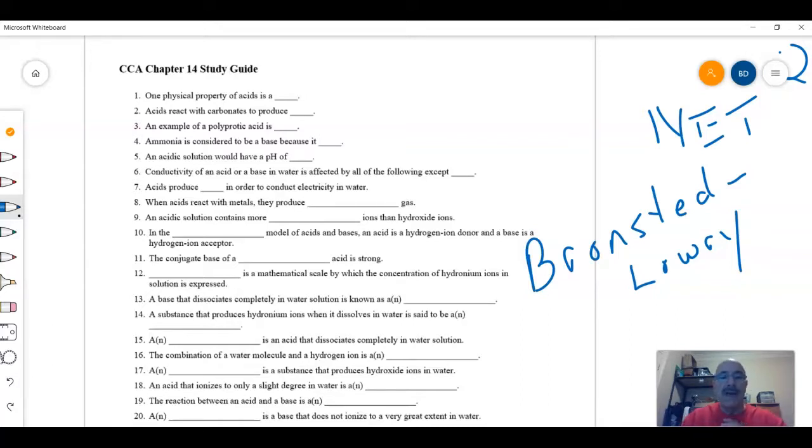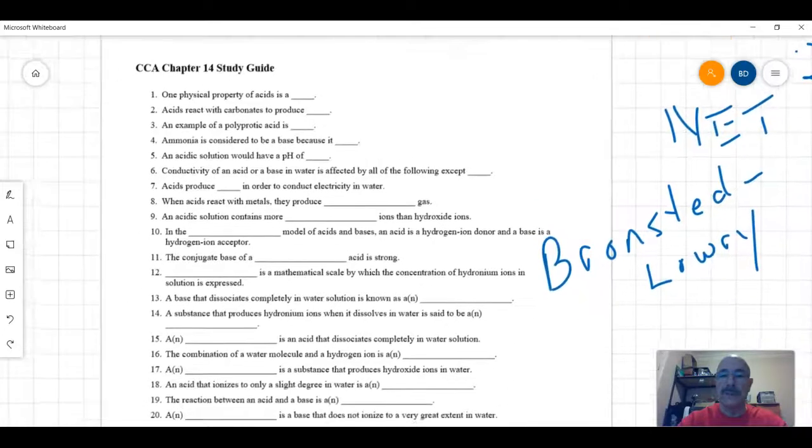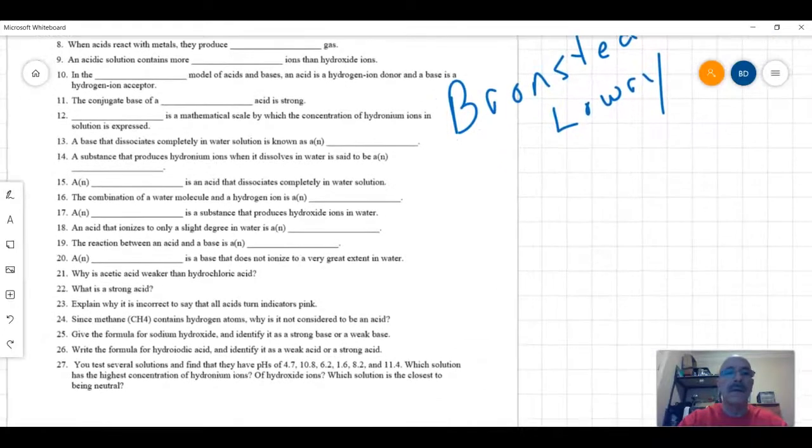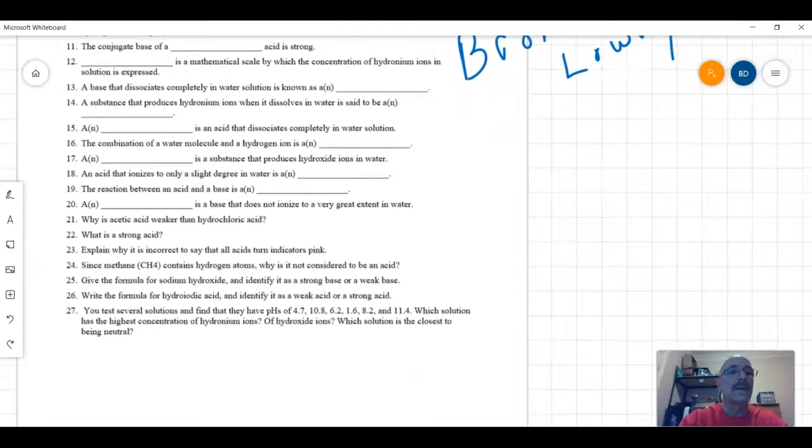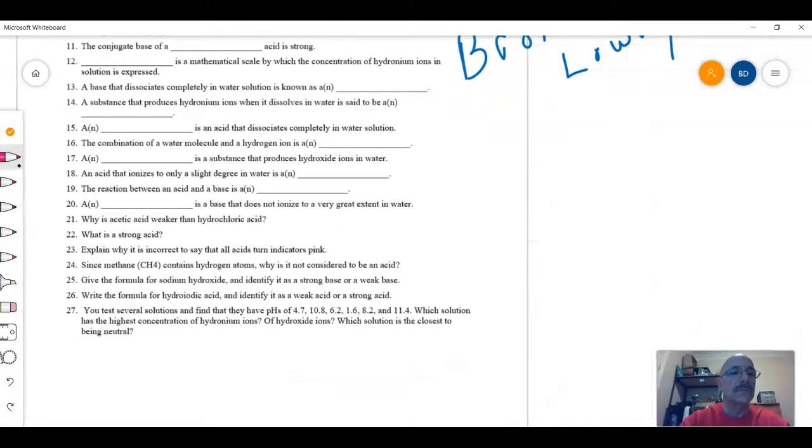Number 12, what is the mathematical scale by which the concentration of hydronium ions is expressed? pH. And by the way, pH is small p, capital H. Okay, always a small p and a capital H. No space in between.